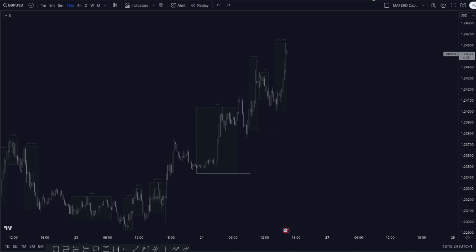After I have analyzed and highlighted all of my levels, I simply set alerts on the levels or areas, and I just wait for them to go off without even looking at the charts, because that's my job as a trader, and this is what my systems are telling me, and what keeps me consistent every single trading day.